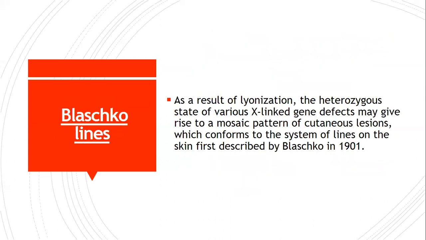Blaschko lines. As a result of lionization, the heterozygous state of various X-linked gene defects may give rise to a mosaic pattern of cutaneous lesions, which conforms to the system of lines on the body that were described first by Blaschko in 1901.